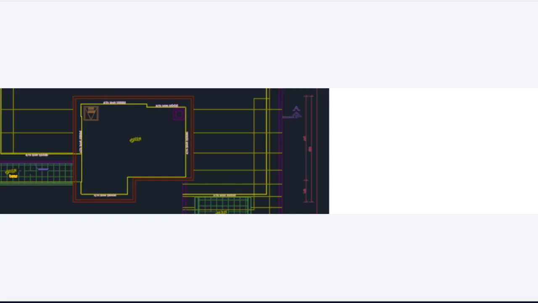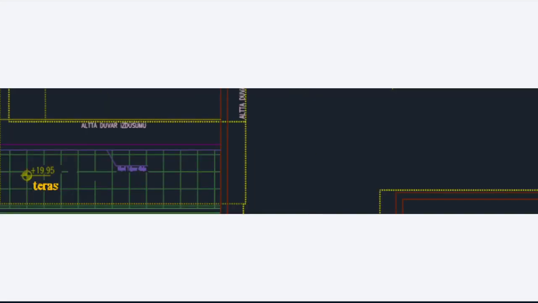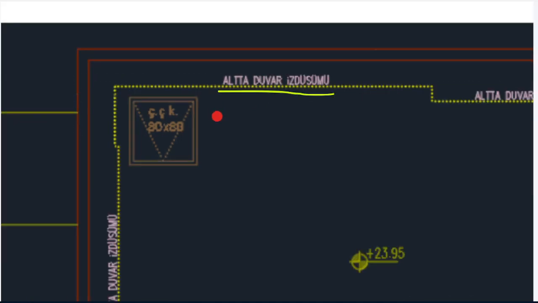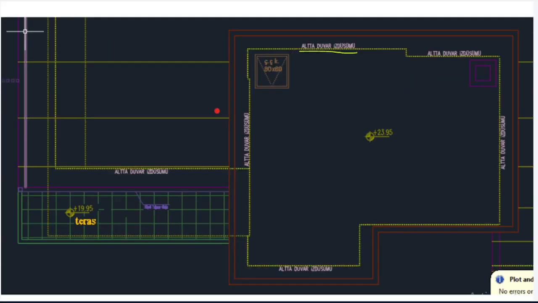We have talked about all the other one. We talk about altta duvar iz düşümü. What does it mean? Altta duvar iz düşümü. Hocam, the dash line means the wall under, in floor plans. Yes, under wall.